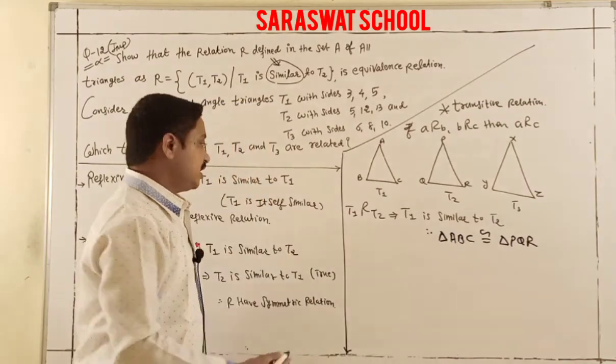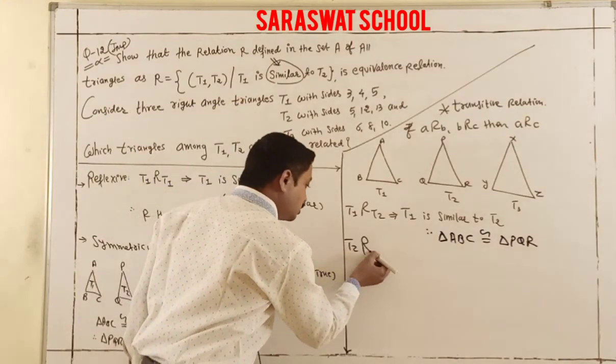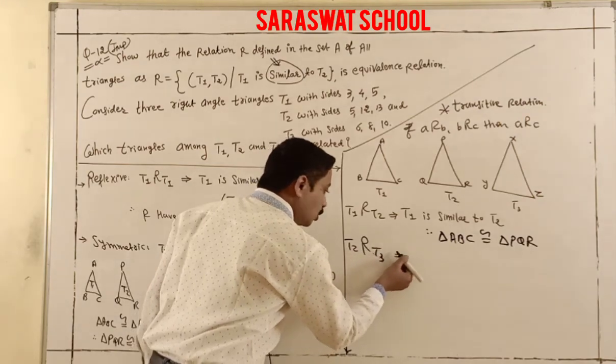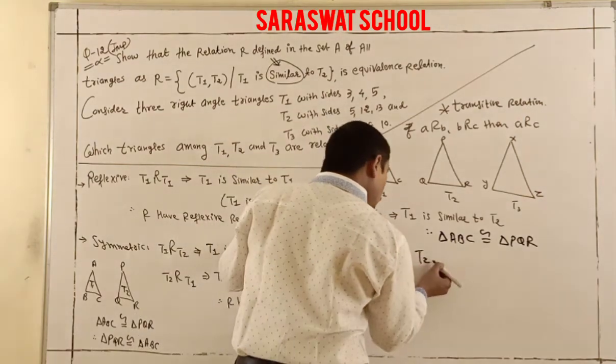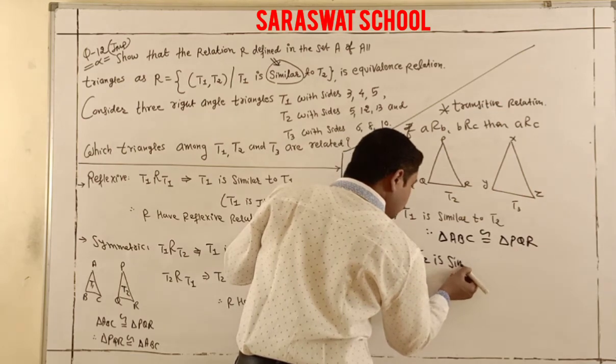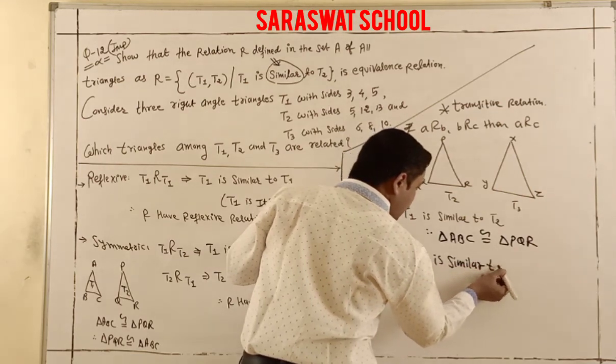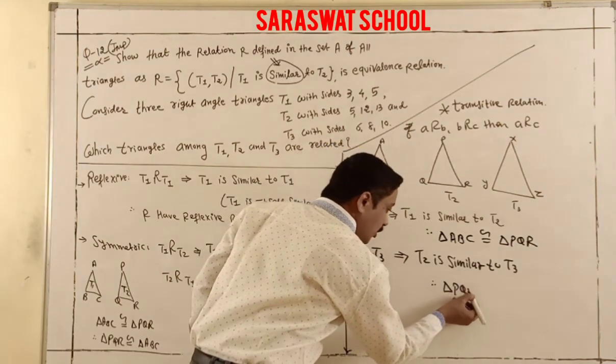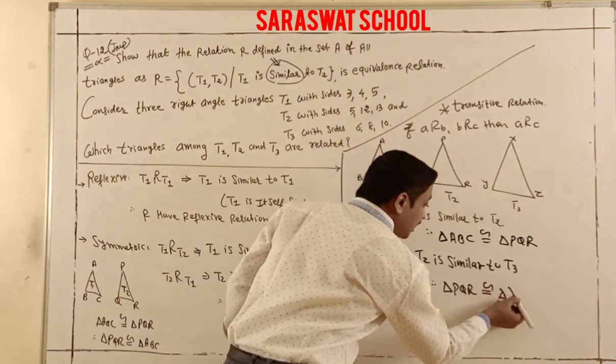Next, T2 relation T3. T2 is similar to T3, so triangle PQR is similar to triangle XYZ.